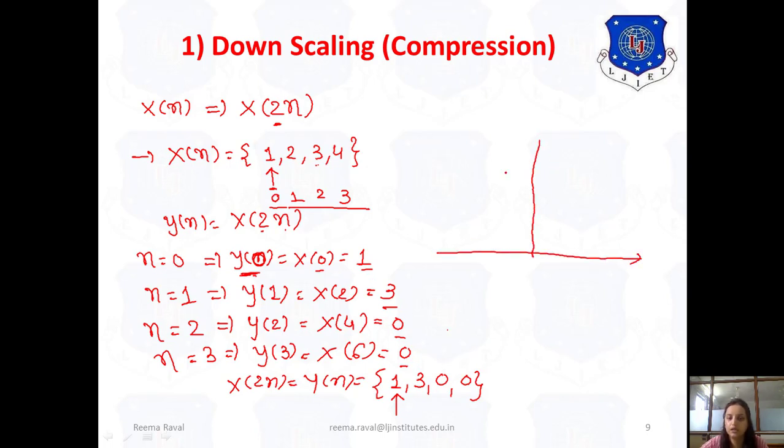It will look like this. This is the diagram of y of n, or else you can say x of 2n versus n, right? So at the 0 position, its value is 1, right? At 1, its value is 3, and otherwise it is 0. That means at 2 and at 3 it's 0.